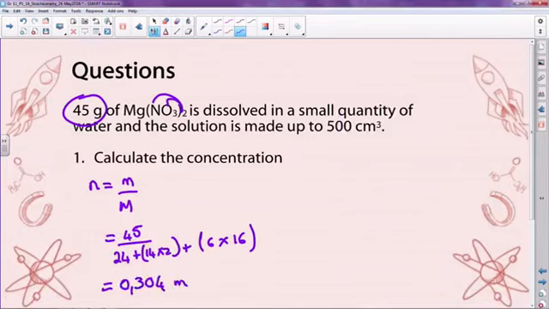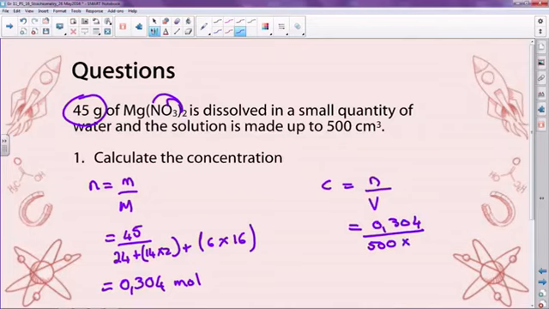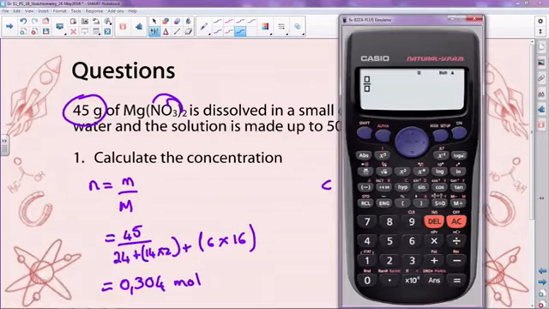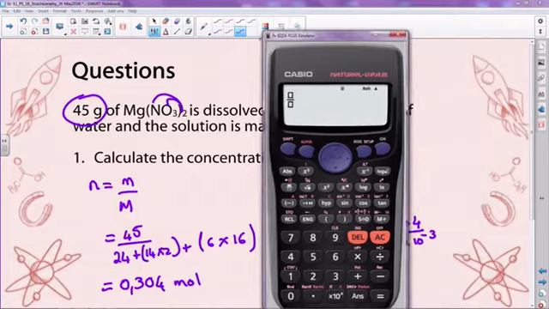So 0.304 moles. And then concentration equals moles over volume. I'm going to have 0.304, and my volume, centimeters to decimeters again, remember, times 10 to the minus 3, or I'm going to divide by 1,000. If I look at my calculator again, let's move it to this side now.